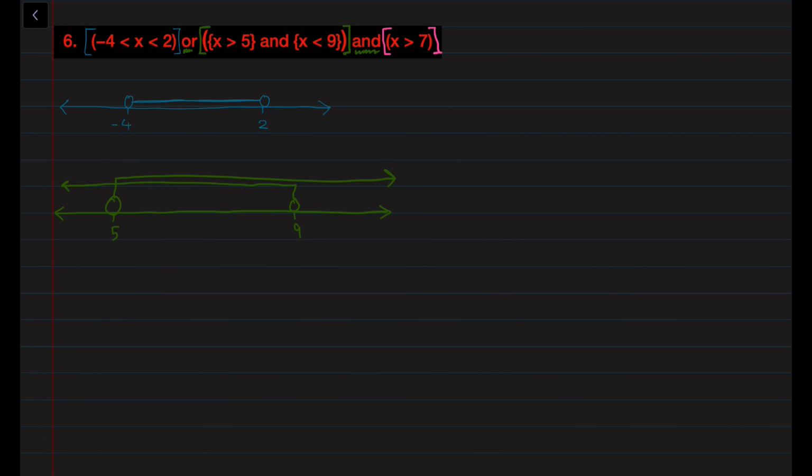And it's an AND operator, so we're looking for an overlap, so we're looking at this region. So overall, we have numbers from 5 to 9, where 5 and 9 are excluded and all the numbers in between are included.